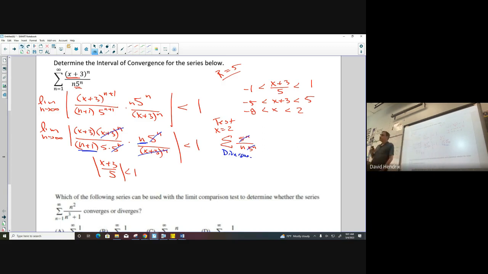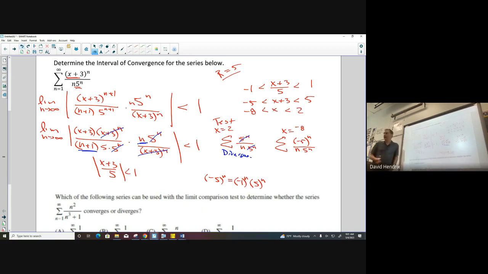Questions over that? When I test at x equals -8, I'm going to end up with this series, -5 to the n over n times 5 to the n. And realize, with a little bit of algebra, you can show that -5 to the n is really (-1) to the n times 5 to the n.